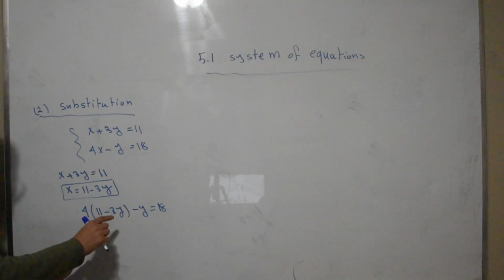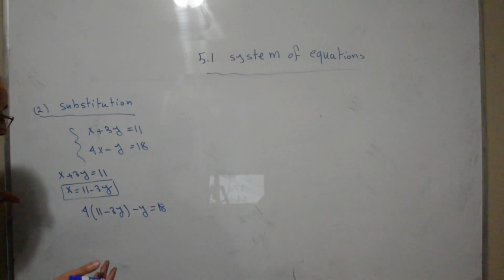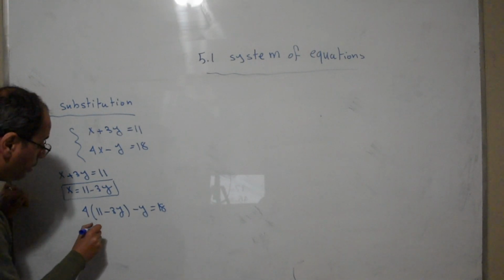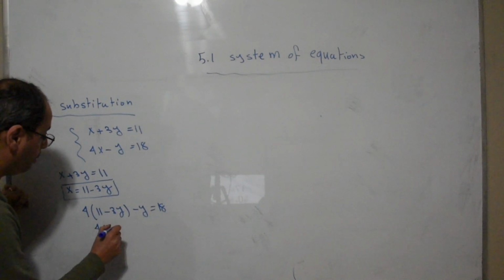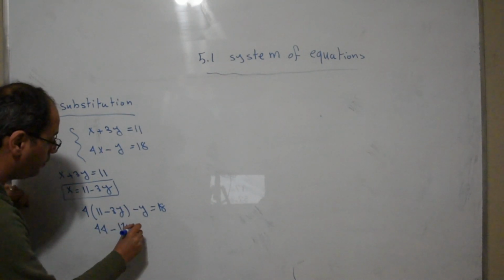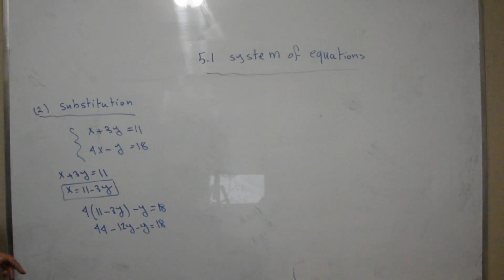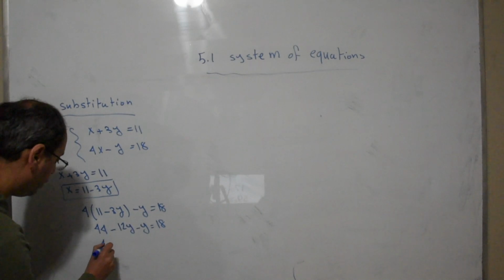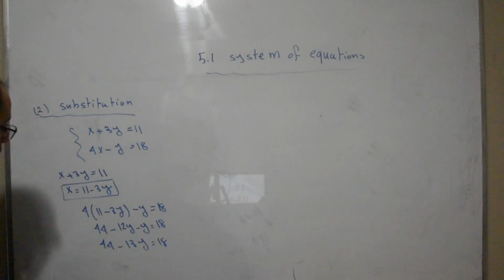Now I have one equation, one variable, and it's a linear equation. We learned about that before, so it's easy. 4 times 11 is 44, minus 4 times 3y is minus 12y, minus y equals 18. Let's combine the two y's. So 44 minus 13y equals 18.